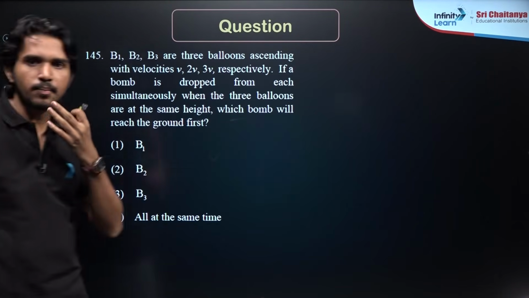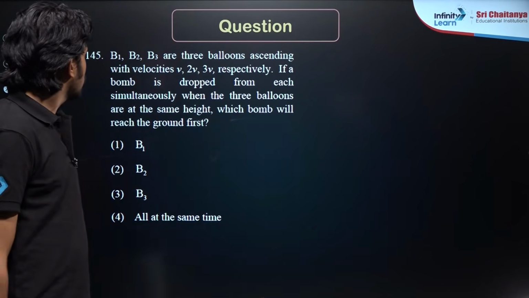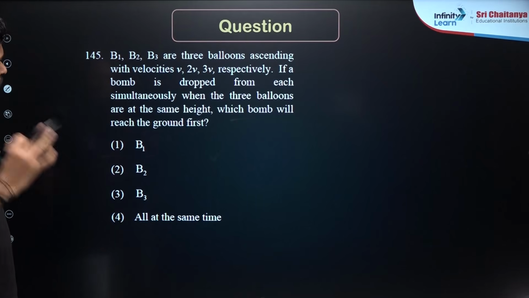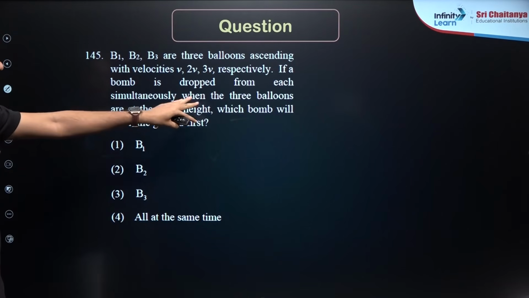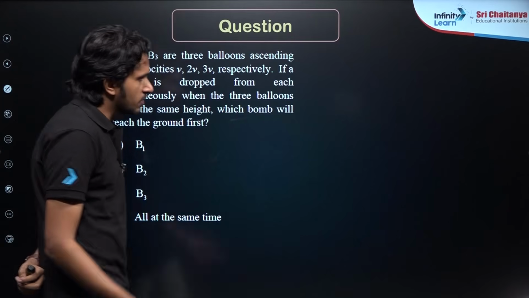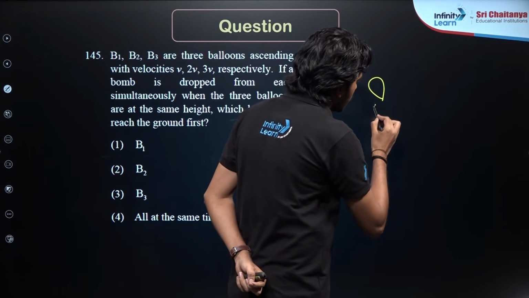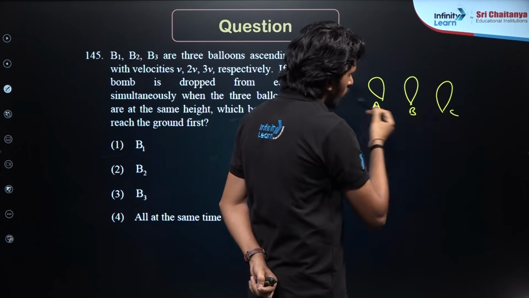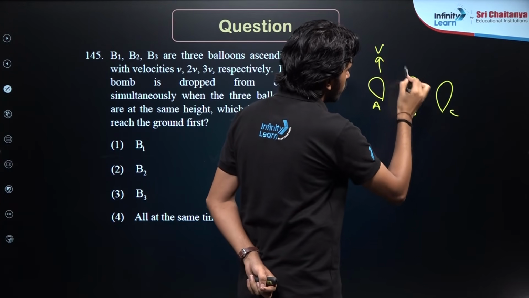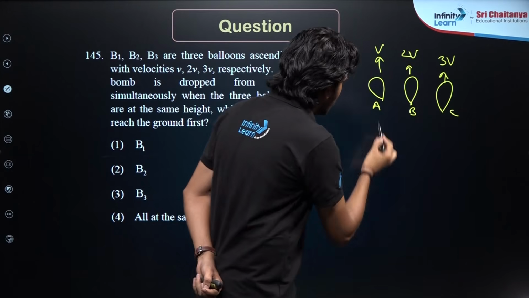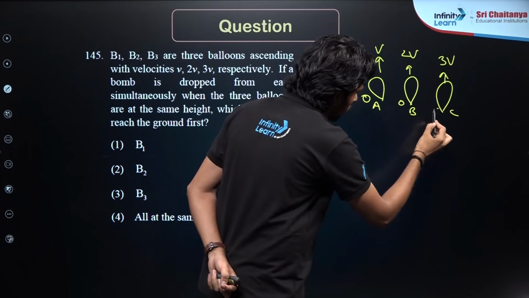Then we have question number 145. B1, B2, B3 are 3 balloons ascending with velocities v, 2v, 3v respectively. If a bomb is dropped from each simultaneously. So let's say this is A, this is B, and this is C at the same height, moving with v velocity, moving with 2v velocity, moving with 3v velocity. You are dropping a stone or a bomb over here.